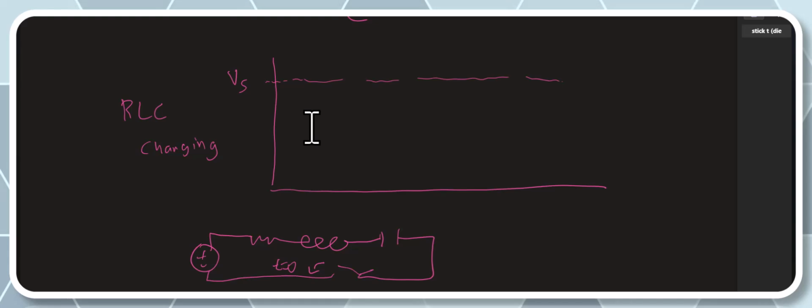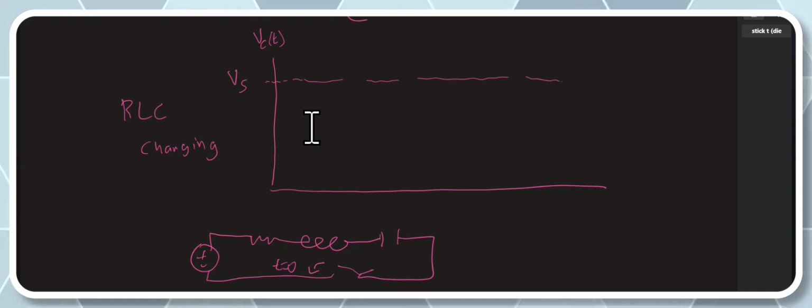So we know eventually our voltage across the capacitor, Vc of t, is going to be Vs. Eventually it's going to get there. The values of R, L, and C tell us how it's going to get there.